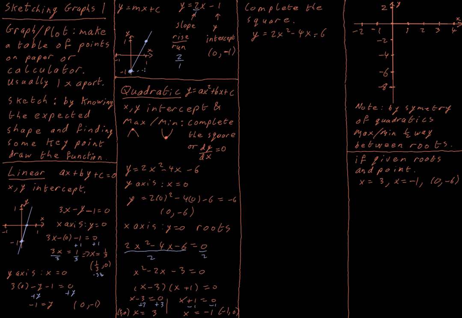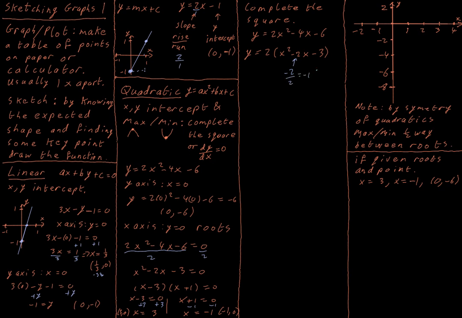So a quick recap on completing the square. Take out any common factor in front of the x squared. No matter how awkward that makes our numbers, we must always have just x squared here. And then we are going to add and subtract the square of half of the coefficient of the x.